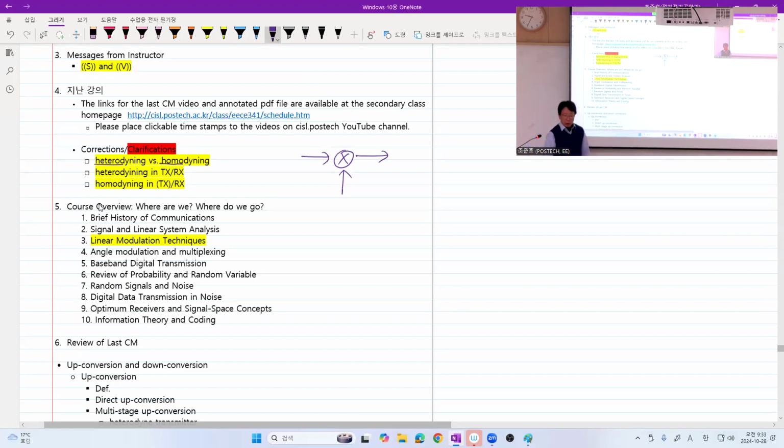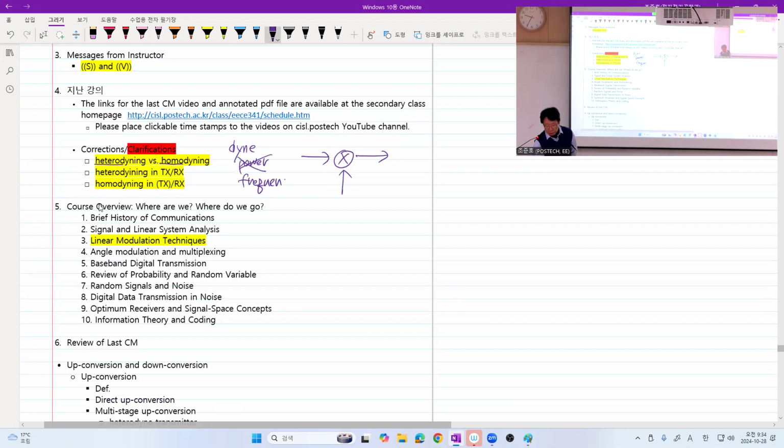Homodyning and heterodyning do not necessarily imply that we consider a transmitter or a receiver. Whenever we have an RF mixing, it could be heterodyning or homodyning. The root of these words is Greek, and originally dyne means power, but you must understand it as frequency.